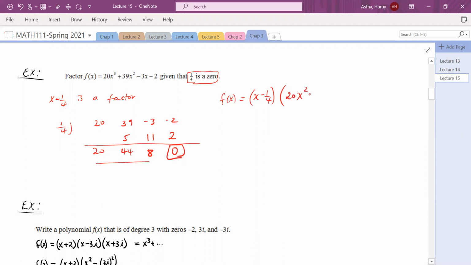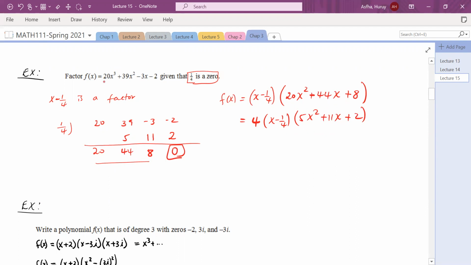20 times x squared plus 44 times x plus 8. We can factor out 4 from here to make it easier. I will bring 4 here, x minus 1 over 4. And here we have 5x squared plus 11x plus 2. Now, as you can see, using this information, we reduced our polynomial function in this form.